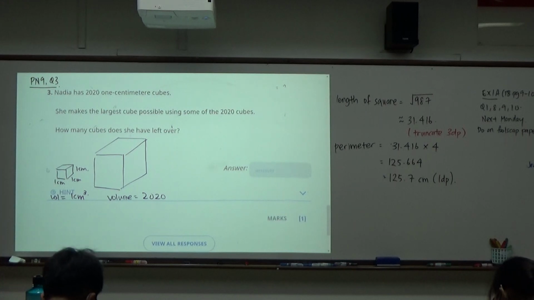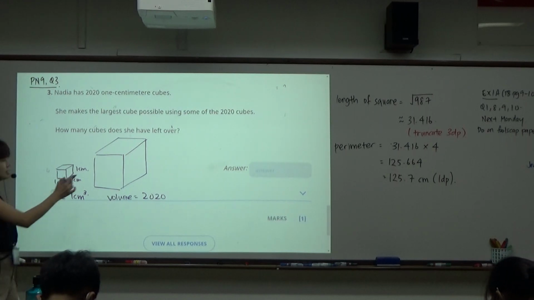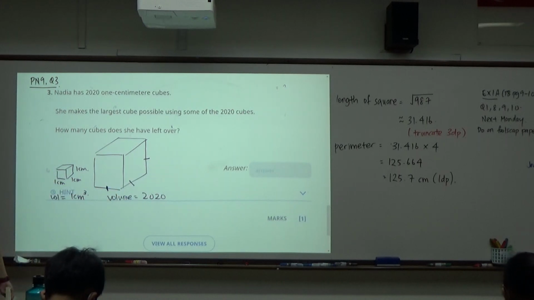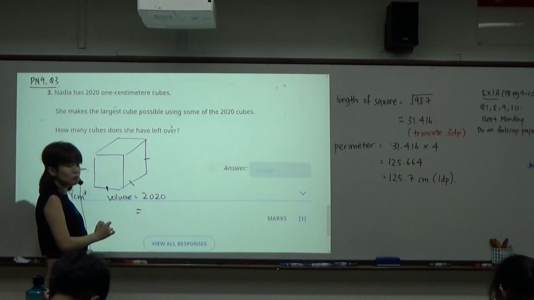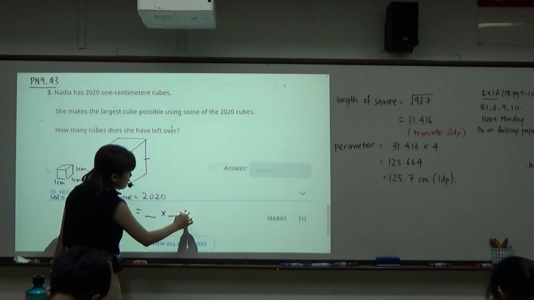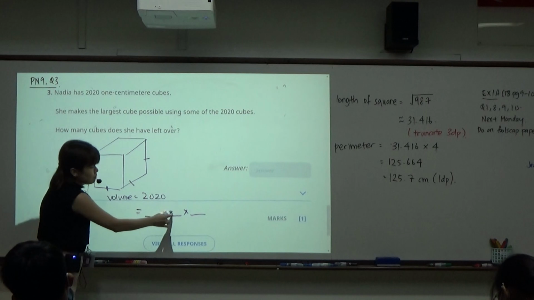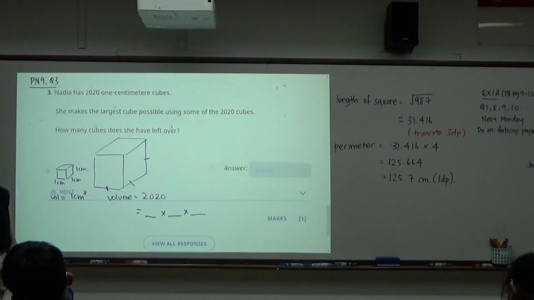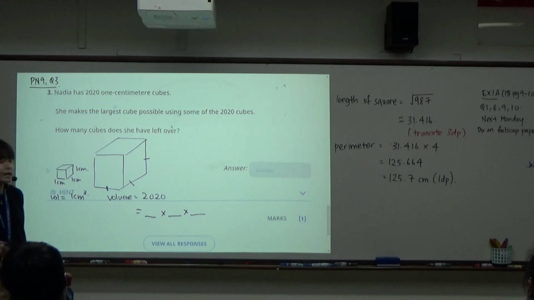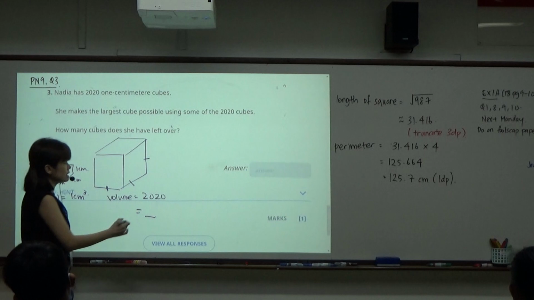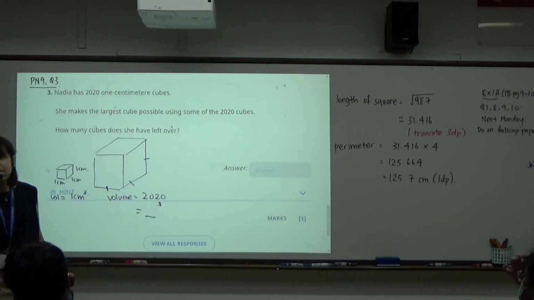Because this is a cube whereby all sides are equal in length, if I use the formula length times breadth times height, all the numbers are going to be equal. Since all the numbers are equal, it is as good as writing it as one single number to the power of 3.